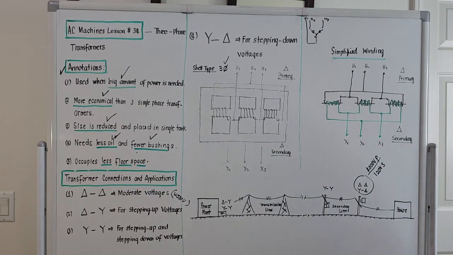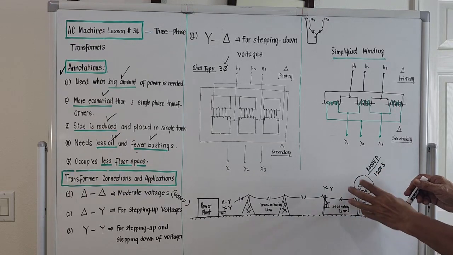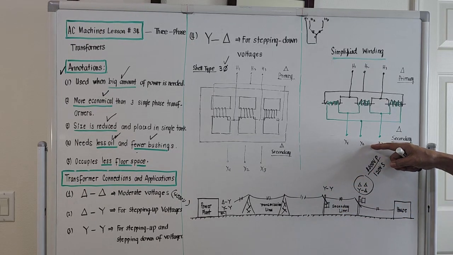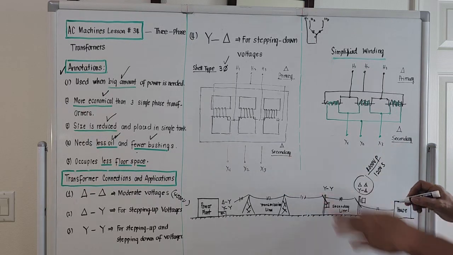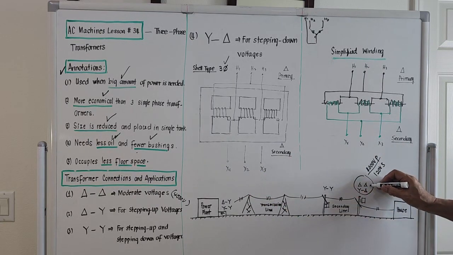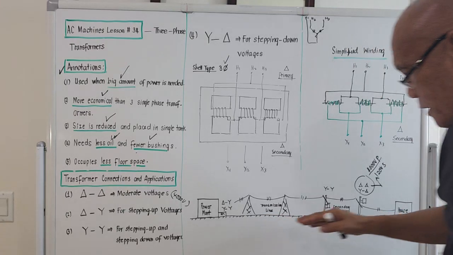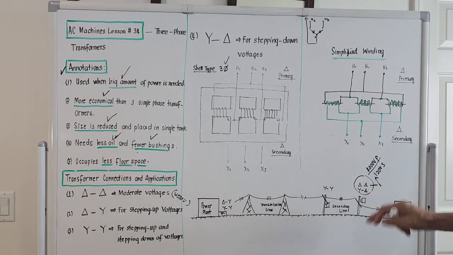On this portion, the transformer hanging on the poles going to our houses could be a three-phase transformer in which the primary voltage is 4,000 and the secondary 120 volts. That's why I place it there for delta-delta, moderate voltages. That's where this transformer is located in the electrical system. It is here.